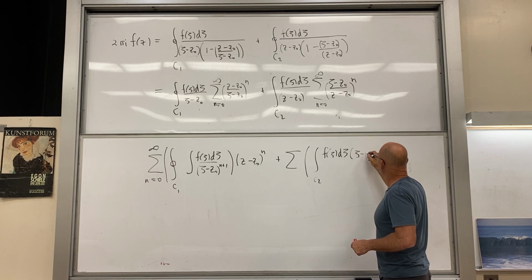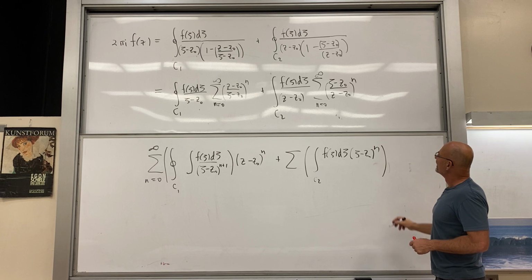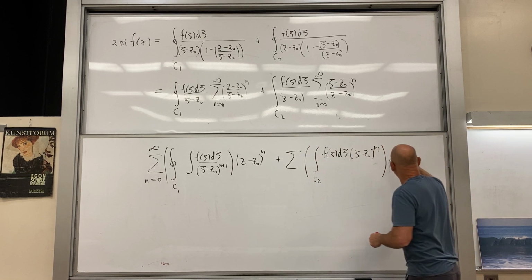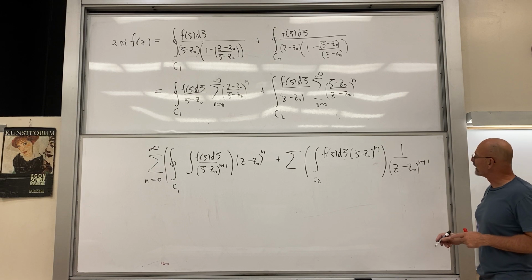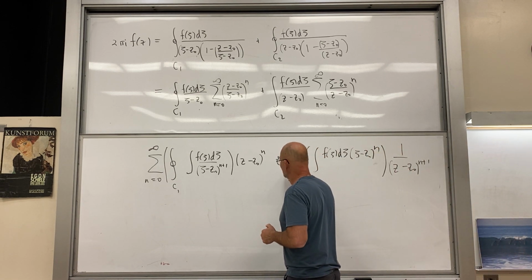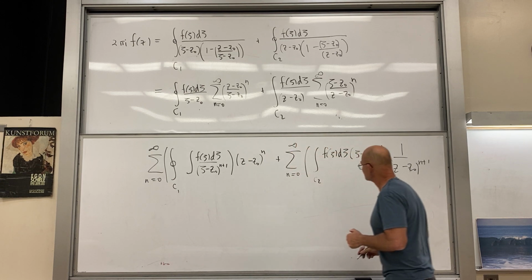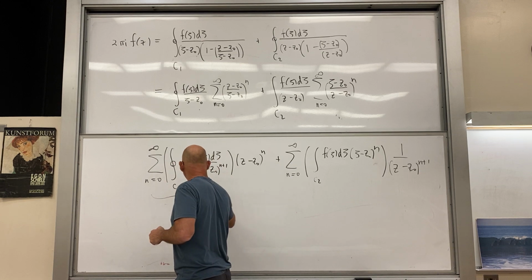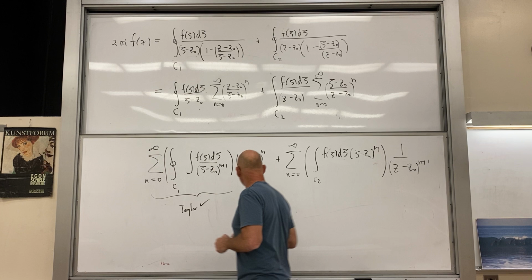So we have zeta minus z sub 0 to the n. And now we have these inverse powers, 1 over z minus z sub 0 to the n plus 1. So that's where the inverse powers are going to come in. Also, n equals 0 to infinity right now. Since this is just the Taylor series part, we're just going to check it off. That's what we did before.